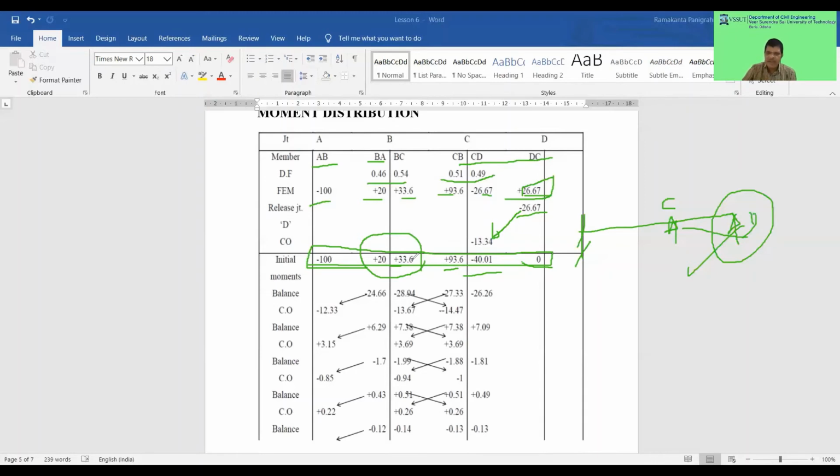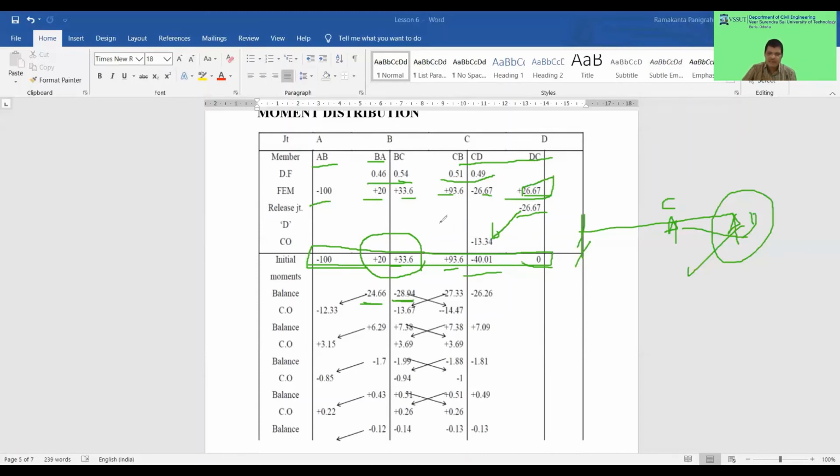Now you have to apply minus 53.6. If you are applying minus 53.6, minus 53.6 into 0.46 will be here, minus 24.66, and minus 53.6 into 0.504 will come here, minus 28.9, whatever value. Similarly, here plus 93 minus 26, so it will be some plus value.